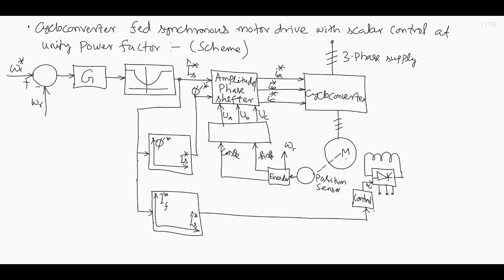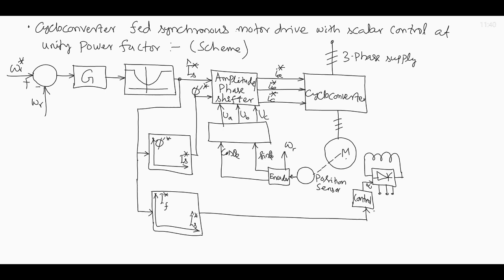This amplitude phase shifter takes the command value of the stator current I s star and its phase angle phi star command values. From that, using the unit vectors U A, U B, U C, three phase unity signals, it generates the three phase current commands I A star, I B star, I C star, which go to the cycloconverter circuit to control the current.